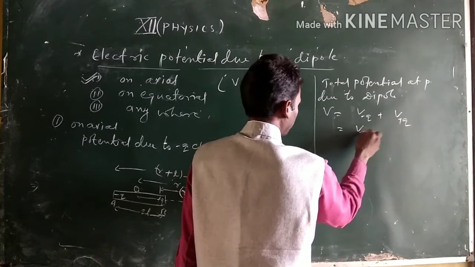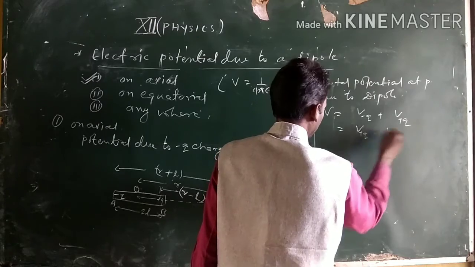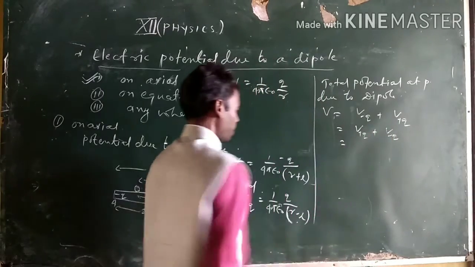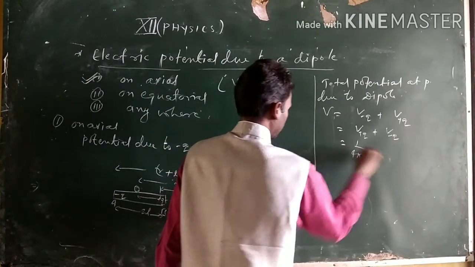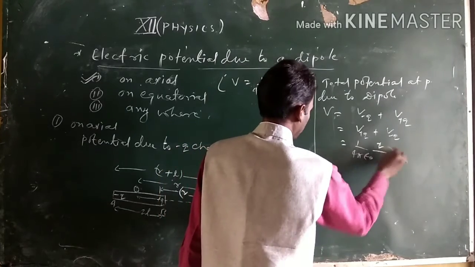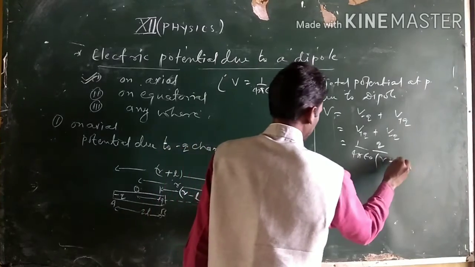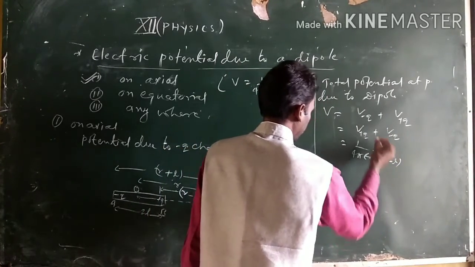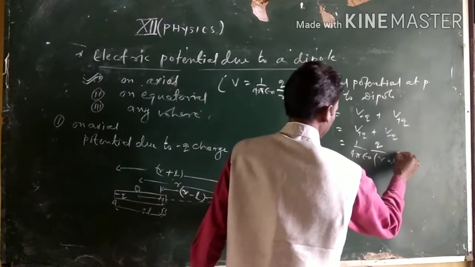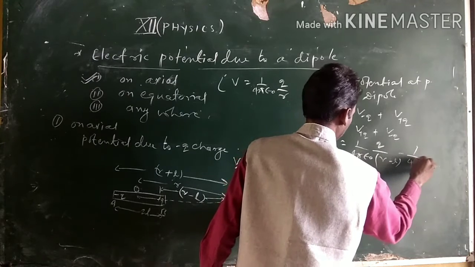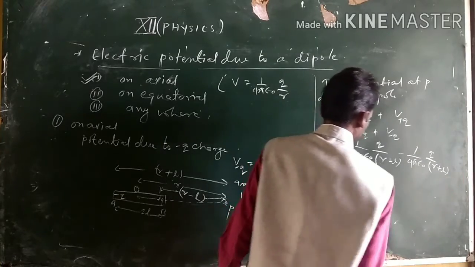First we write V plus Q, that is 1 by 4 pi epsilon naught, Q divided by R minus L. There is plus, and here is minus, so this term will be minus 1 by 4 pi epsilon naught, Q divided by R plus L.